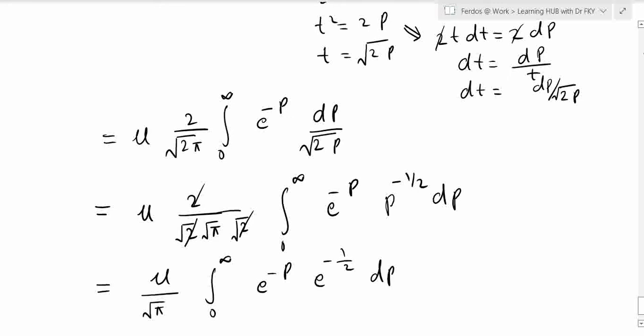Now you need to do some manipulation. I mean that you need to add and subtract something with the p power so that you can get a solution using the gamma distribution.